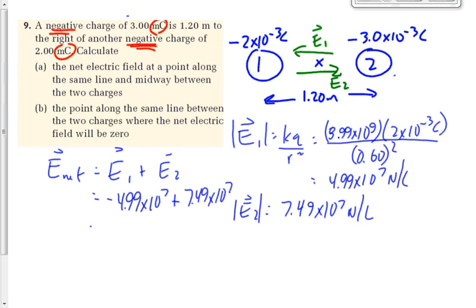And that's going to give me 2.5 times 10 to the 7 newtons per coulomb. About. Good? Is that okay? I was going to say that's the easy one. It's not the easy one. That question's not an easy question, but that's the more straightforward one. Question B is the real challenge one here. The real tough one.